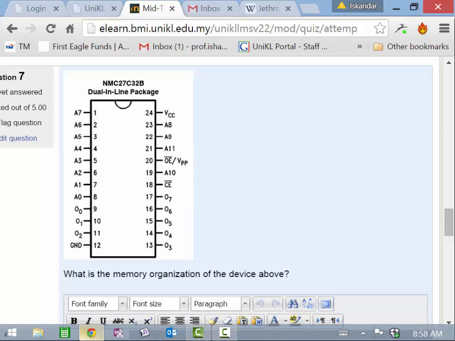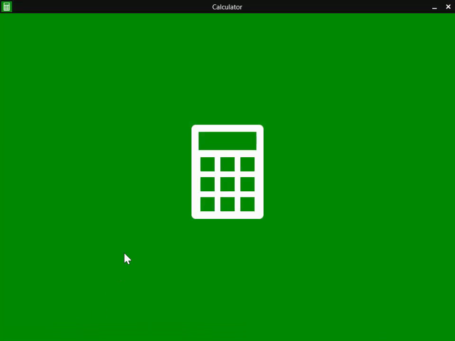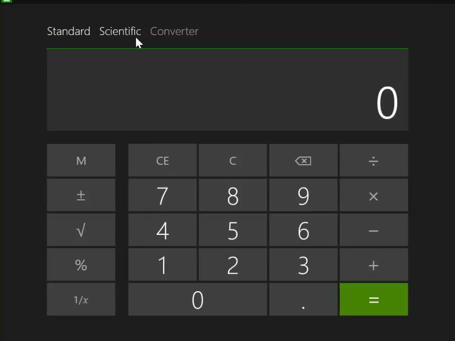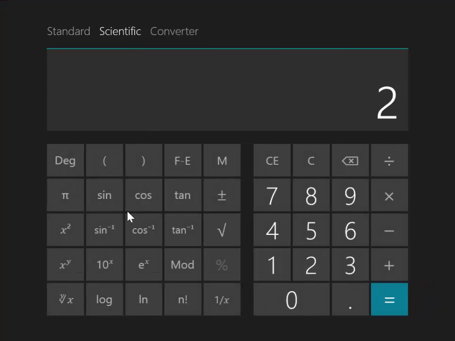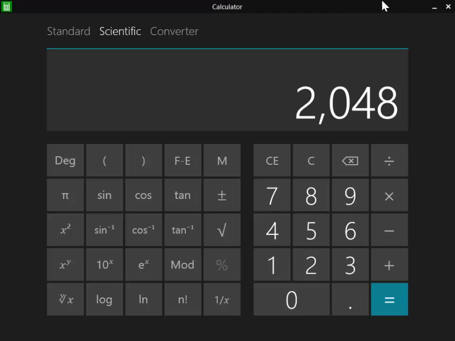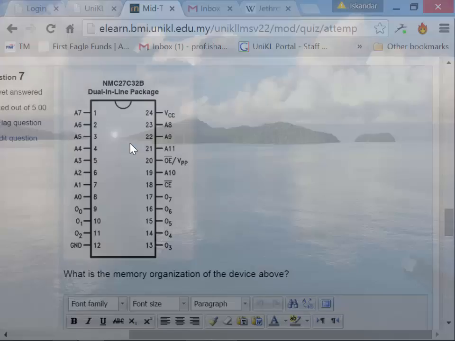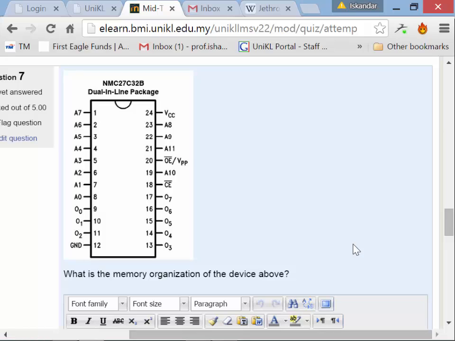So, 2 raised to the 11. This is a 2K. This is a 2K by 8 right there. That is what the answer would be for this particular problem.